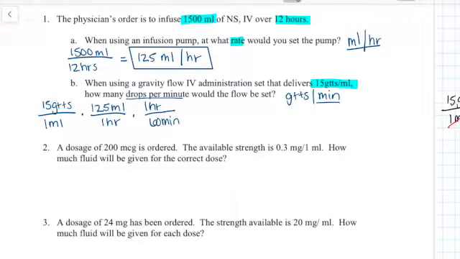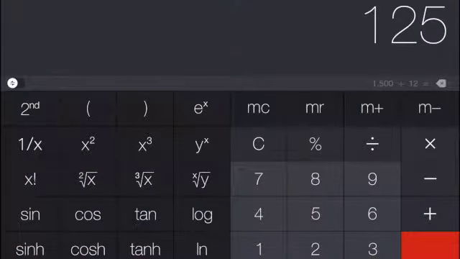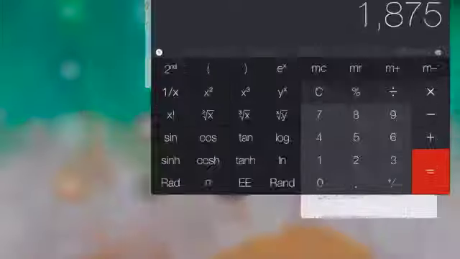So we're going to cross multiply and get rid of our mLs and our hours so that our final result will be in drops per minute. So it's 15 times 125 over 60 minutes. So 125 times 15 is 1875.